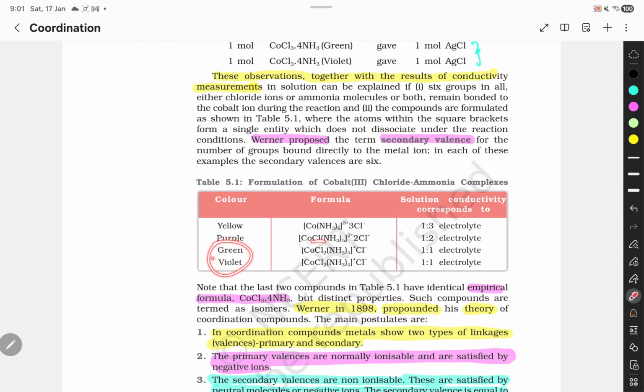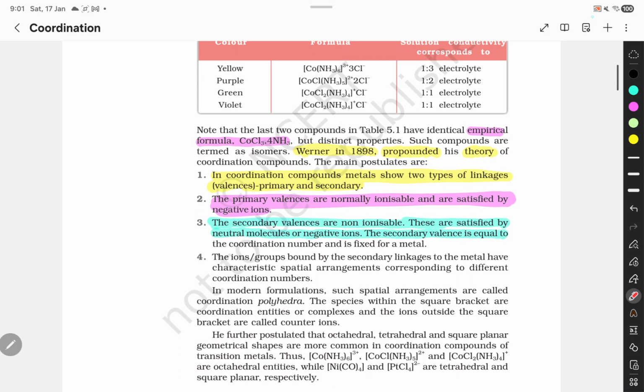So in these two, I have no idea why the color is different. So yeah, that's my one doubt. It's something to ponder upon. That was one of Werner's disadvantages, I guess.